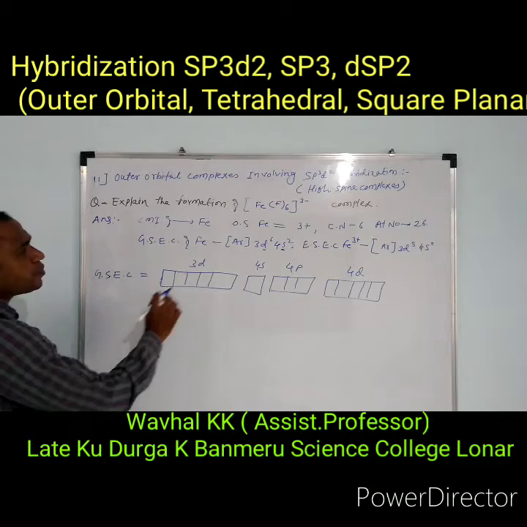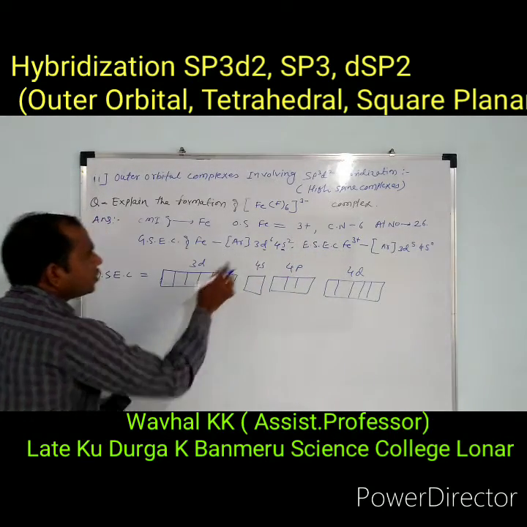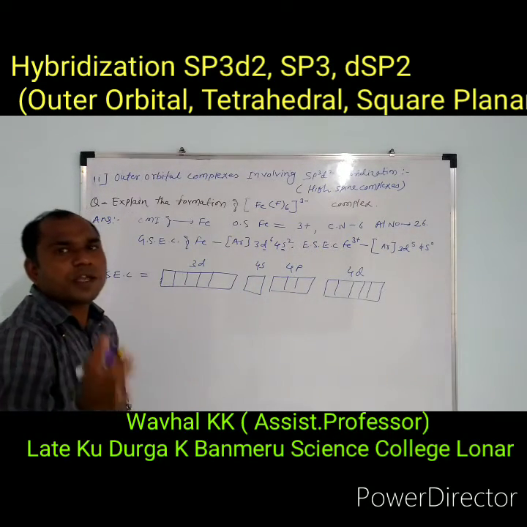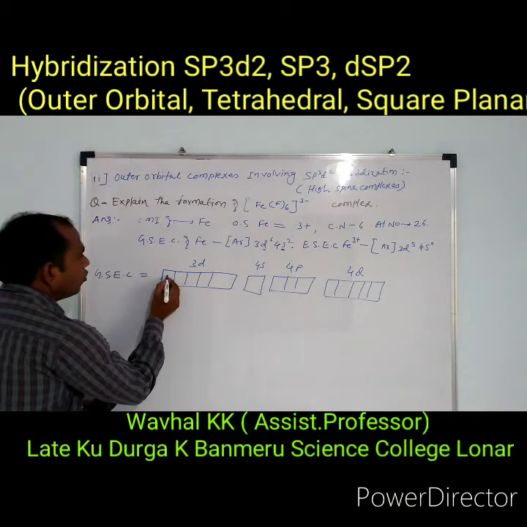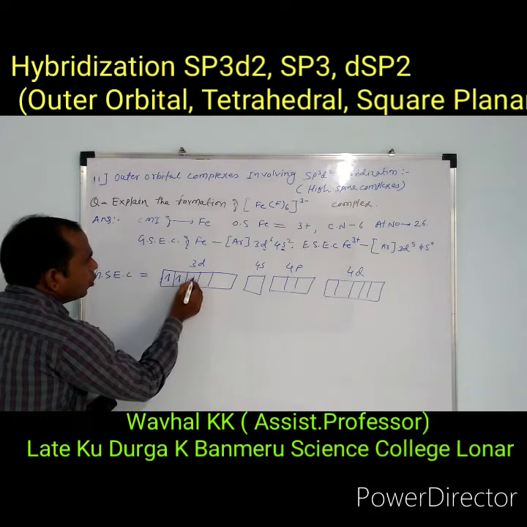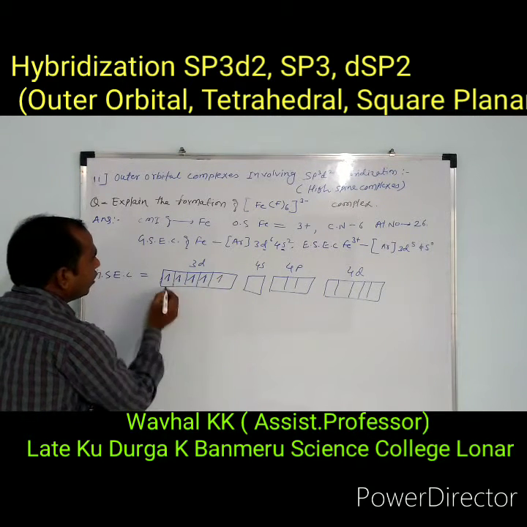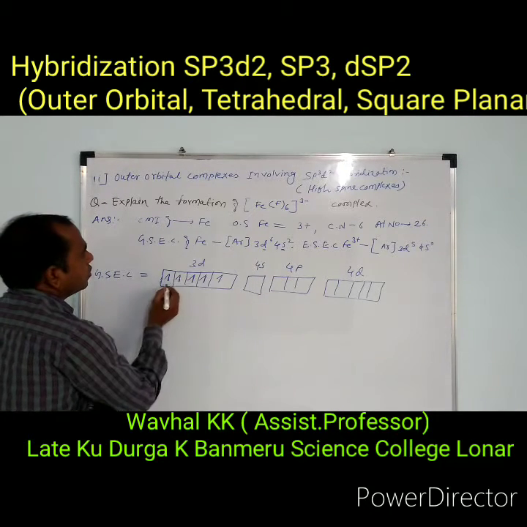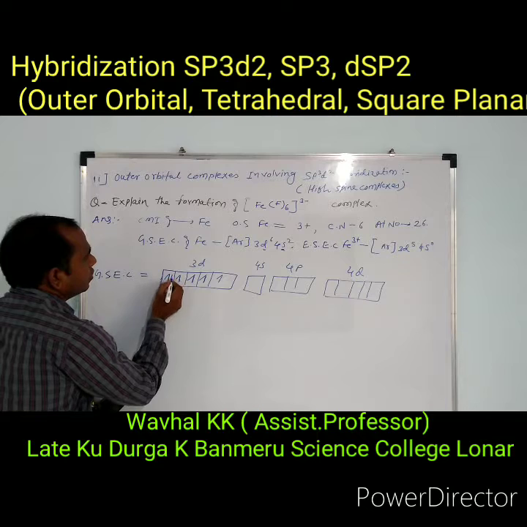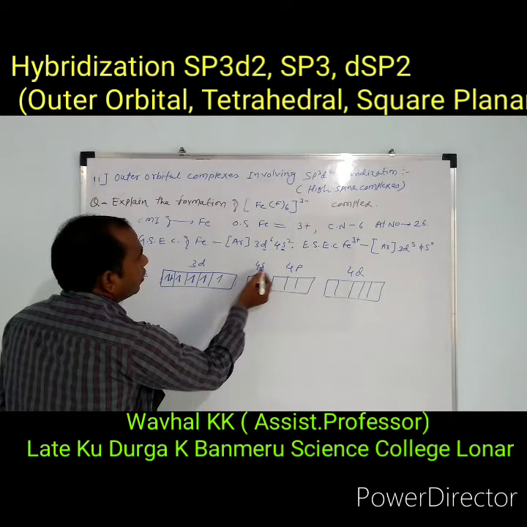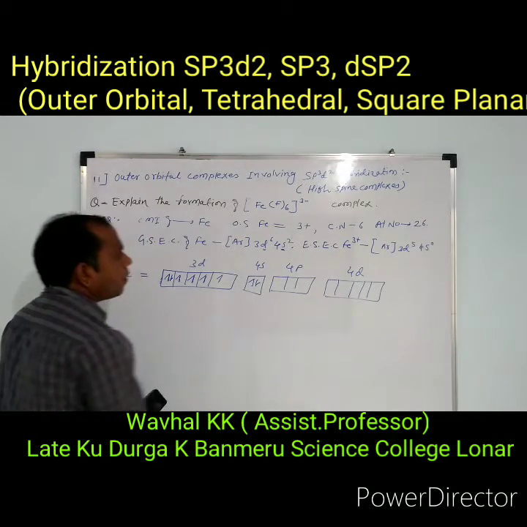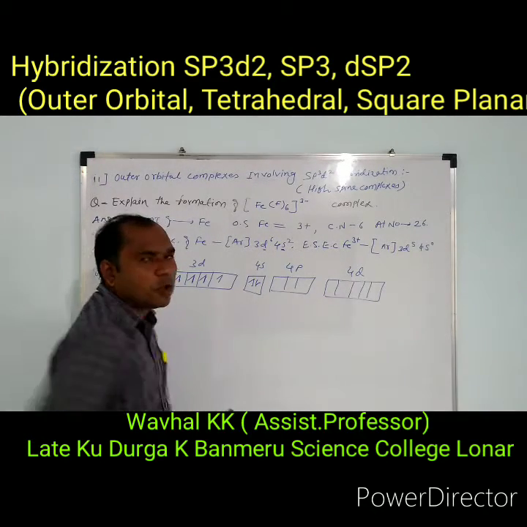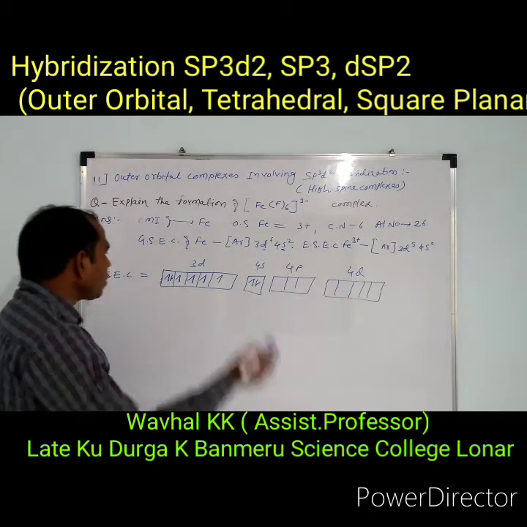In the ground state, the electron configuration is 3d6. With the help of Hund's rule, we write here 1, 2, 3, 4, 5, 6, then 4s2, then the 4p orbitals and 4d orbitals are empty.